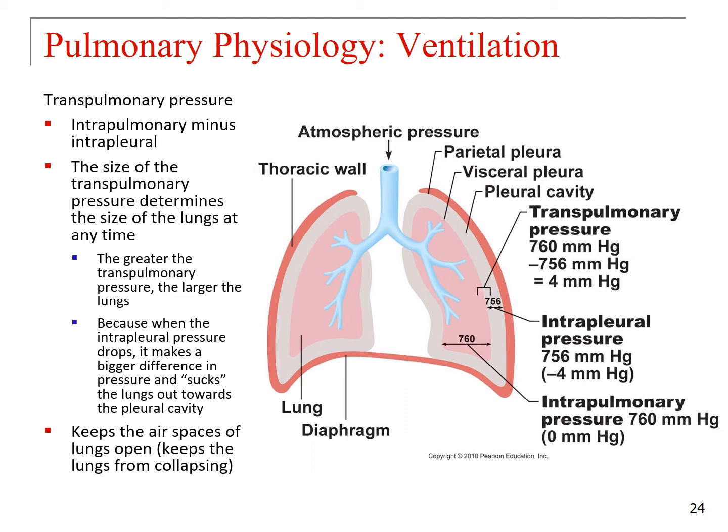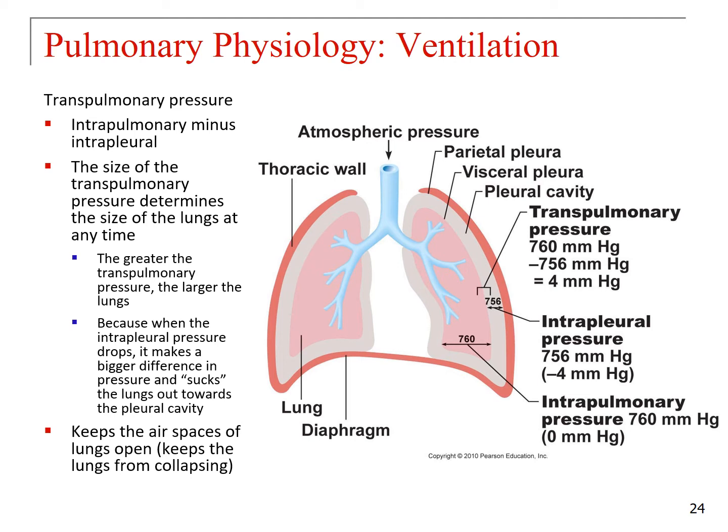This pressure also keeps the air spaces of the lungs open. If you've got a smaller pressure in one place than another, it's called a partial vacuum. So if you've got a partial vacuum that surrounds the lungs, they'll always be drawn out towards it, and that keeps the lungs from collapsing.